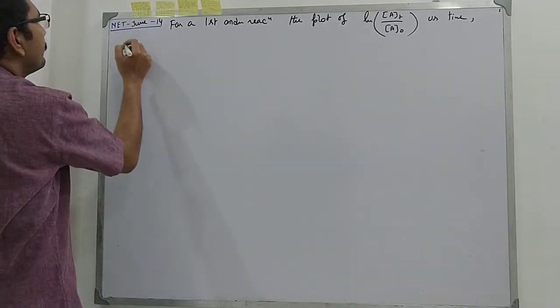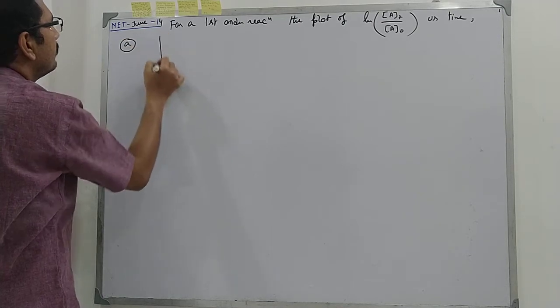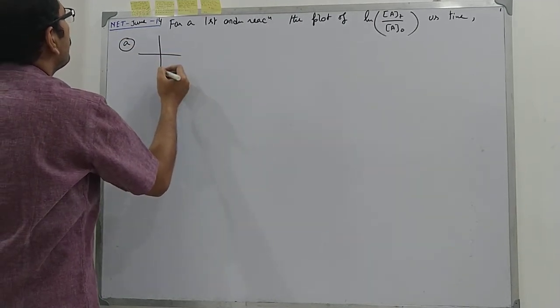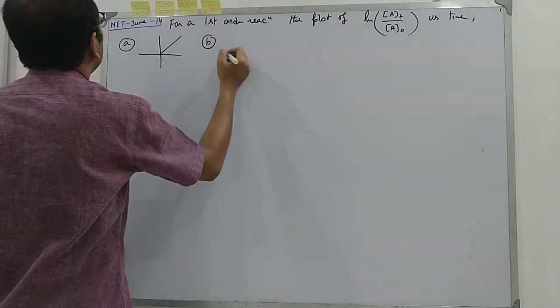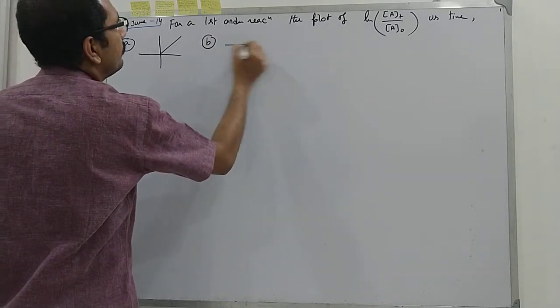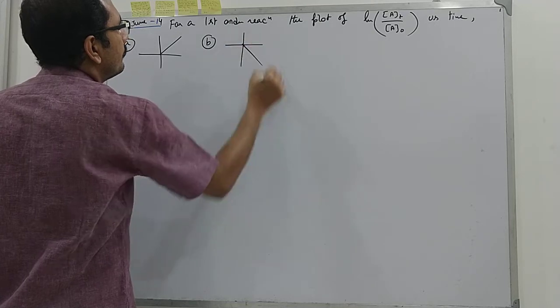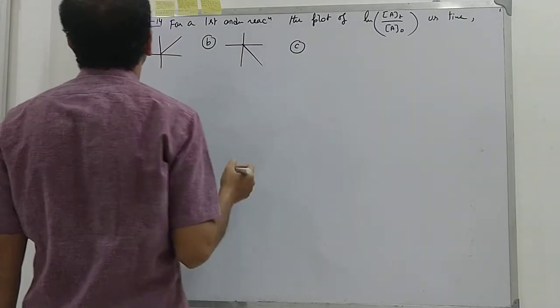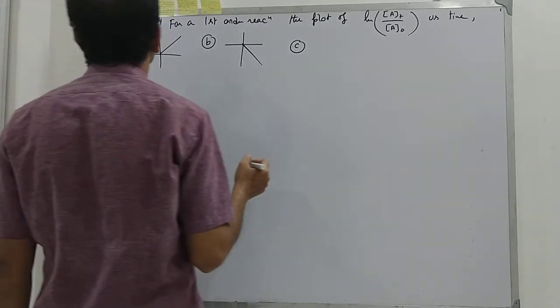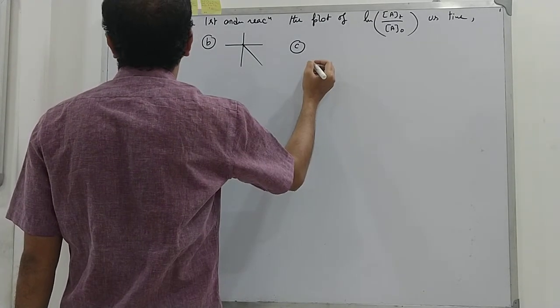what will it give? It is saying that it is a straight line with a positive slope passing through origin. It is a straight line with a negative slope passing through origin, and it is an exponential curve asymptotic to the x-axis.